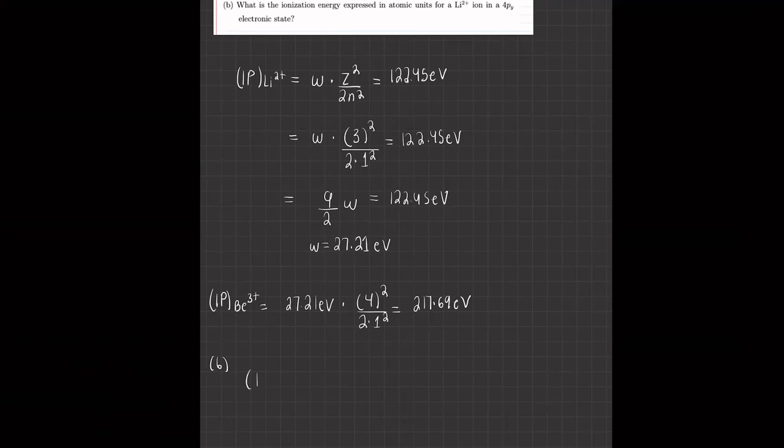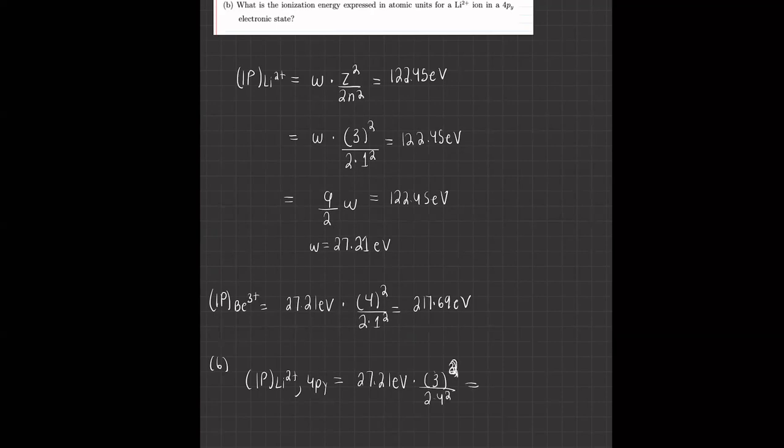For lithium 2+ in the 4p orbital, we found 27.21 electron volts times the charge of 3 squared, over 2 times 4 squared.